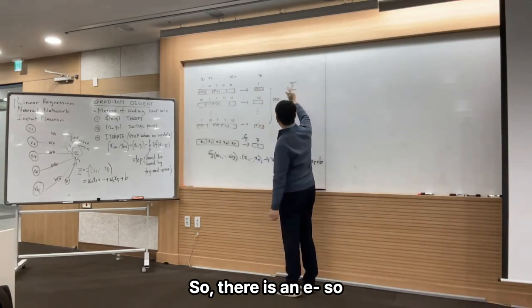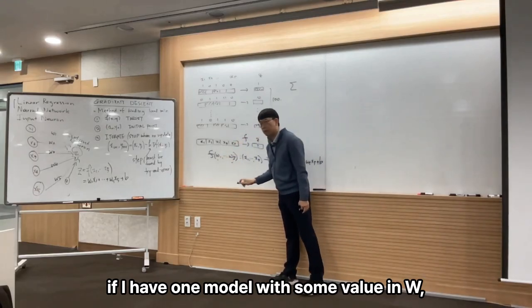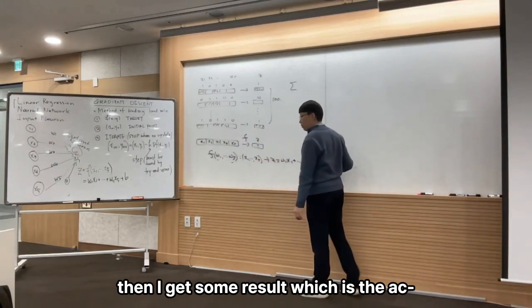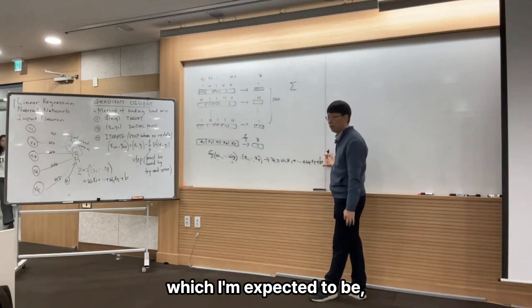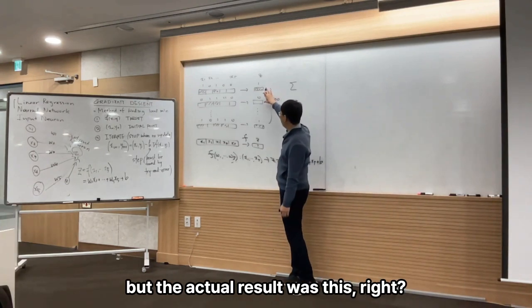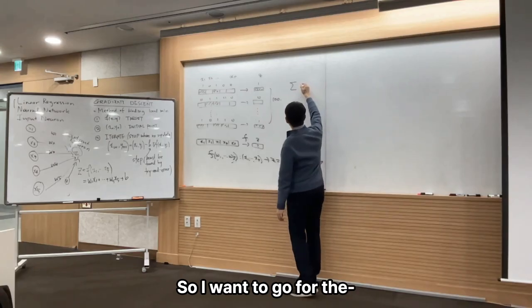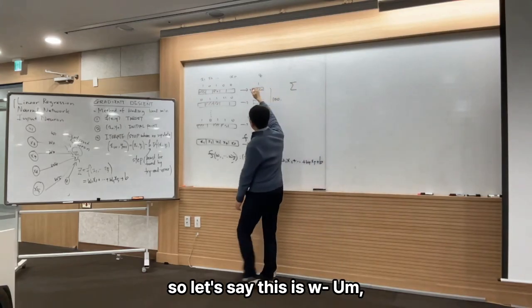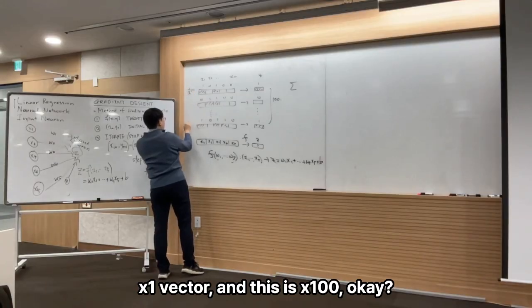Okay, so if I have one model with some value in W, then I get some result, which is the real result, which I'm expected to be, but the actual result was this, right? So there's difference. So let's say this is x1 vector, and this is x100, okay?